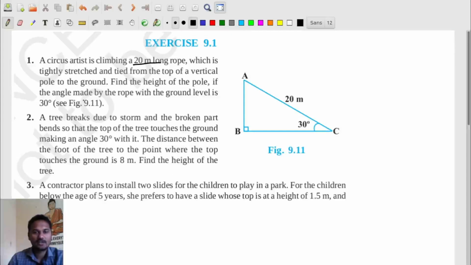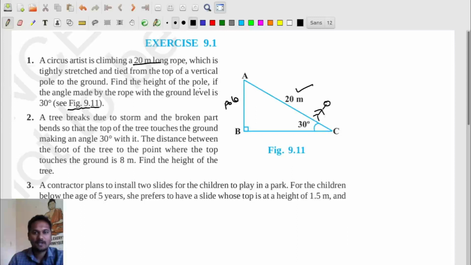Okay, so here for the first question, the figure is given in the textbook itself. So in figure number 9.1, 20-meter long rope. The circus artist is climbing this 20-meter long rope which is tightly stretched and tied from top of a vertical pole. Okay, so this is the pole.